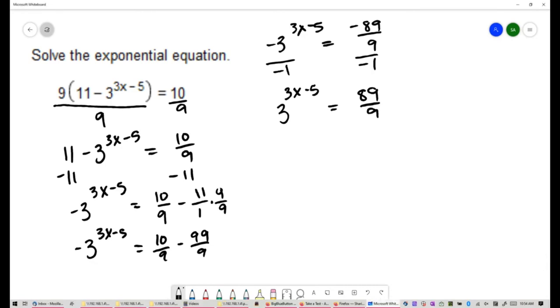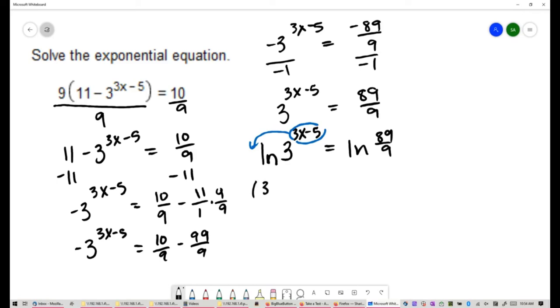I prefer to take the log of both sides because it's easier to type in the calculator if you have natural log, which usually is on the home screen of your calculator. So I'm going to do the natural log on the left. Natural log of 3 to the 3x minus 5 equals natural log of 89 over 9. This allows me to use the power rule for logarithms.